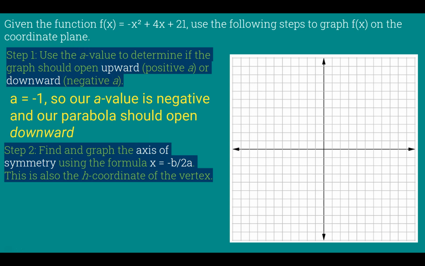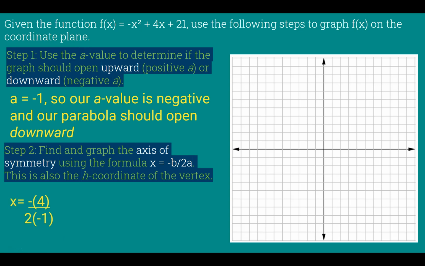Step 2. We have to find our axis of symmetry, which is also going to give me the first half of my vertex, an X equals value for my line and the H value for my vertex. So I need opposite B over 2A. What is my B value? 4. My A, we said, was negative 1. So what is negative 4? 4.